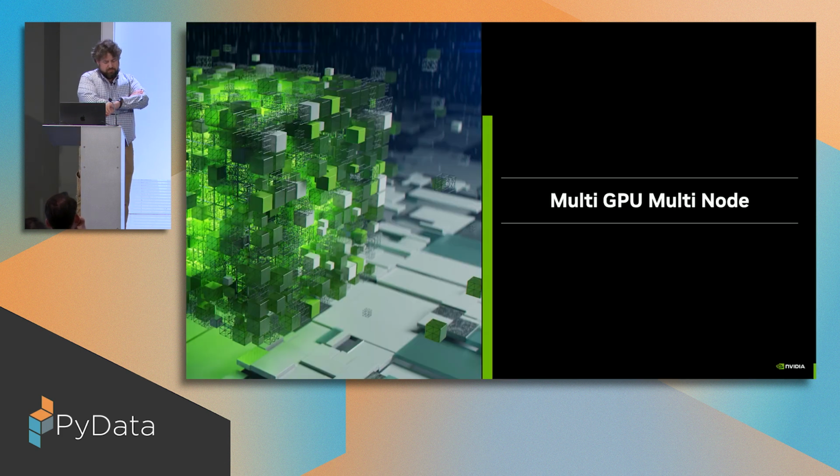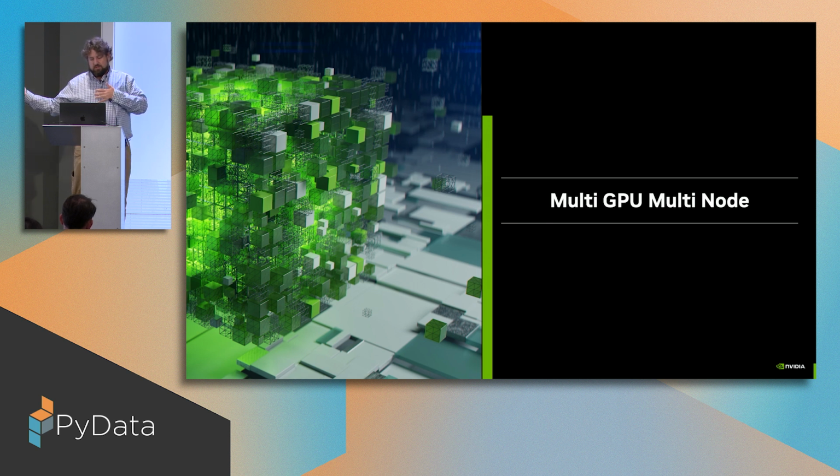Which takes me to our last topic, and I'm a little faster than I expected, which is multi-node, multi-GPU. So we talked about accelerated libraries, about how you can use Python and use the entire stack. We talked about how the architecture is changing, and you think about multi-node, but even in a single node, you think about how memory is going to interact with each other.